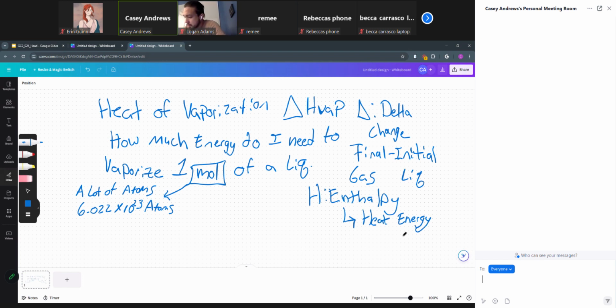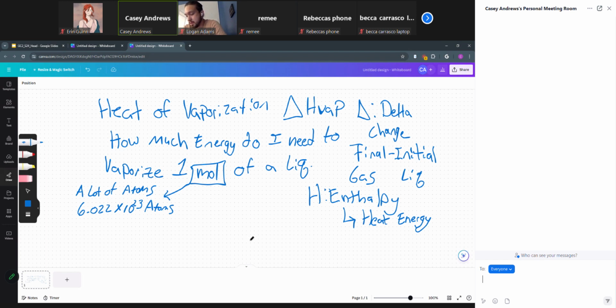If we take these 2 definitions and look at our symbol, in English without the technical terms, it would be the change of heat needed to vaporize something. Or how much energy do I need to vaporize something? As we talked about before our break, do I put heat in to vaporize something or take heat out?